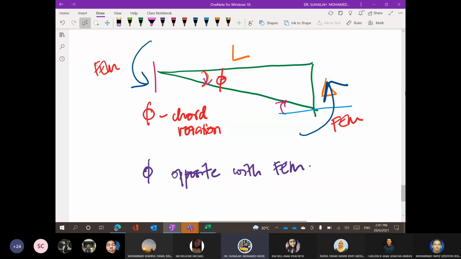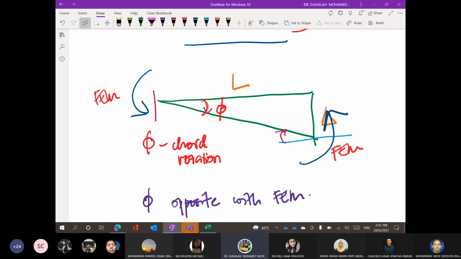And the formula for calculating the fixed end moment, there are only two formulas depending on the end condition. However, as I explained in the previous example just now, we can also use the fixed end moment formula by considering both ends fixed.